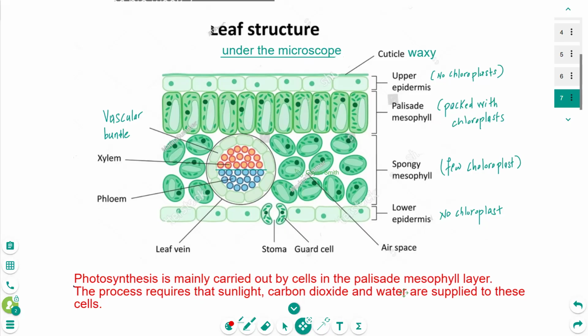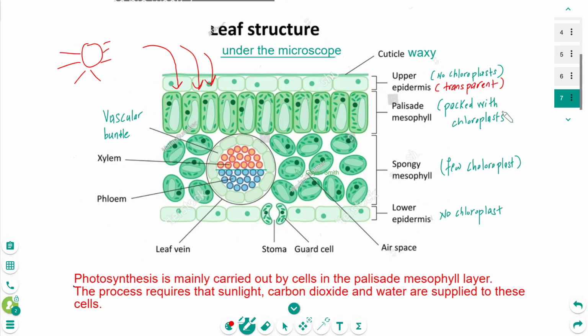So the sunlight is not a challenge, as we said before, because that can easily pass. Say, for example, this was the sun. The sunlight can easily pass through the upper epidermis, right? I should have mentioned to you that these cells are transparent. So can you please make a note beside the upper epidermis cells that they are transparent?